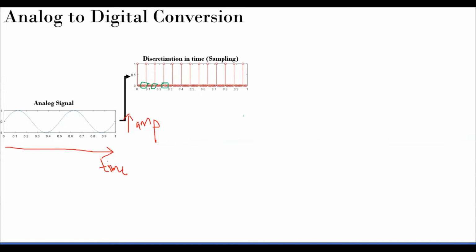Corresponding amplitudes only you will take. Something like this. So at this instant, the amplitude from this plot is something like this. Then another point, then another point, then another point. So now no more continuous in time. This is discrete in time.